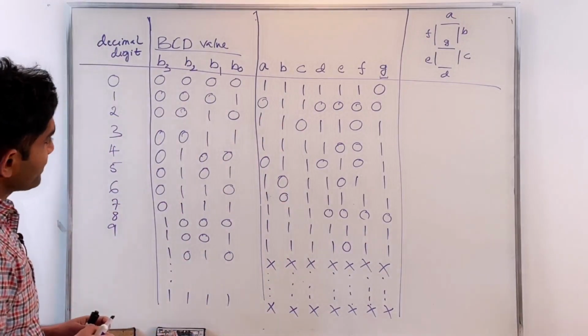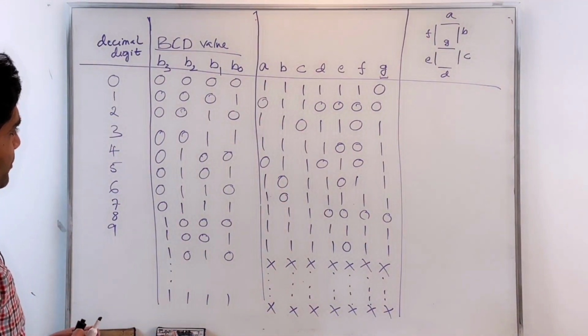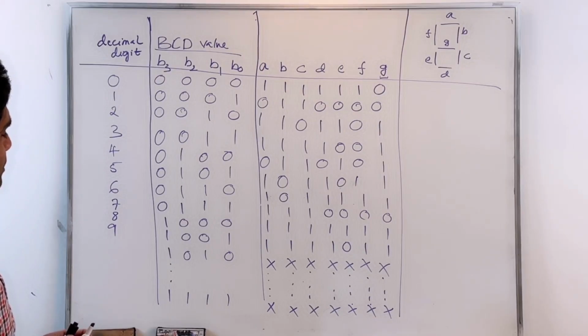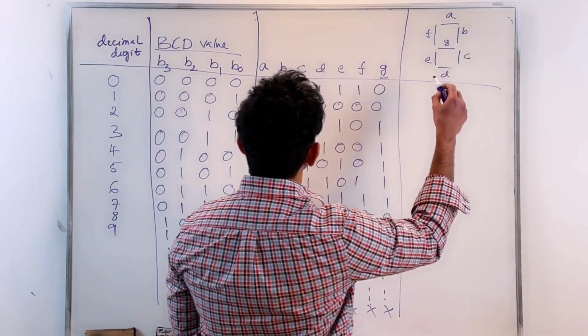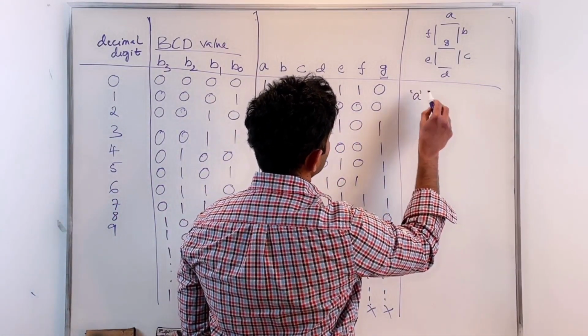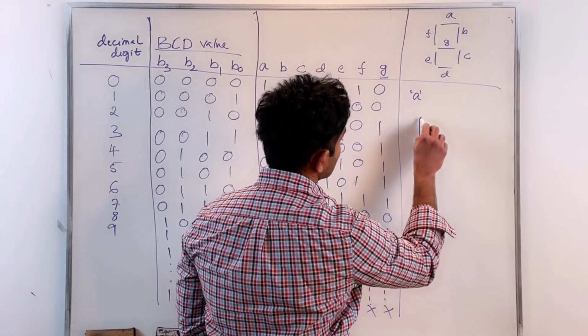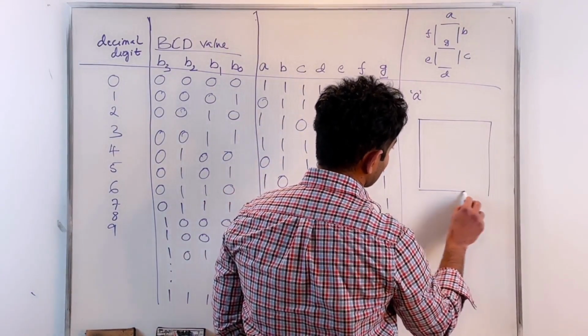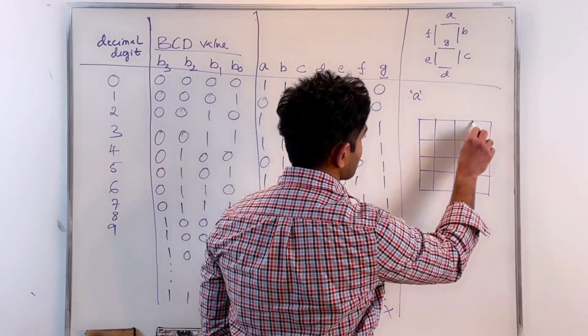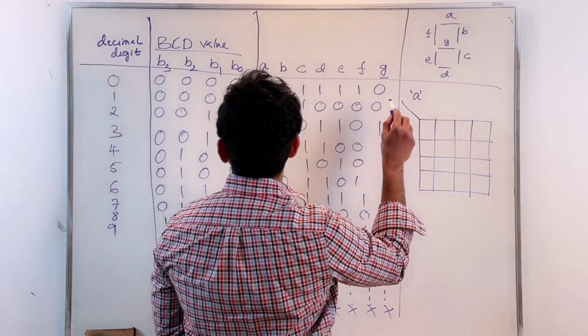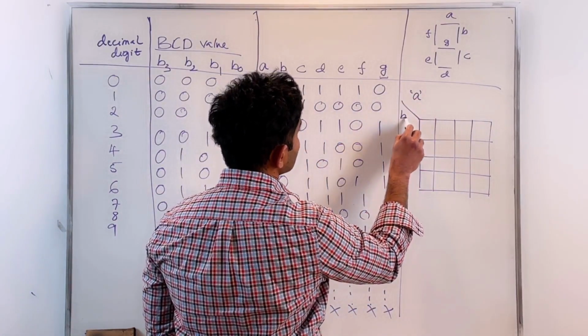Now let me see if I can do this. Are there any that are obvious to compute? No, that's not very obvious. Okay, so let's compute for A and B maybe. Let's take the K-map for A. My inputs are B3, B2, B1, B0.